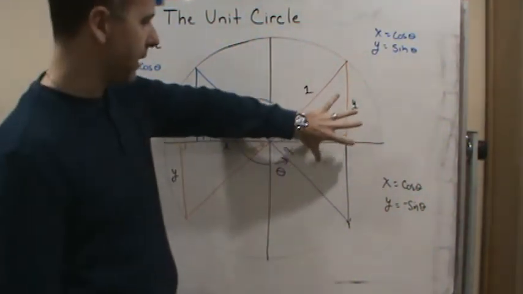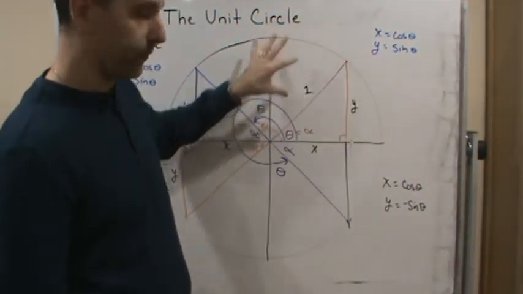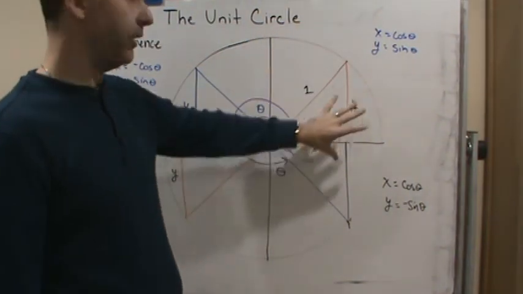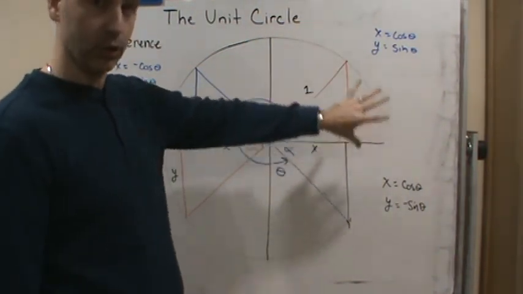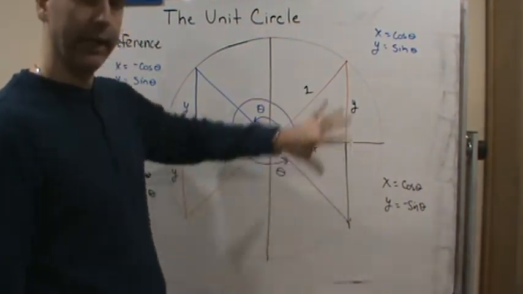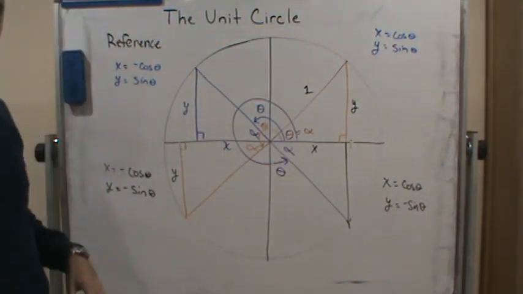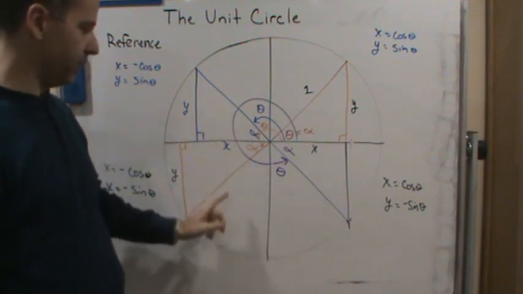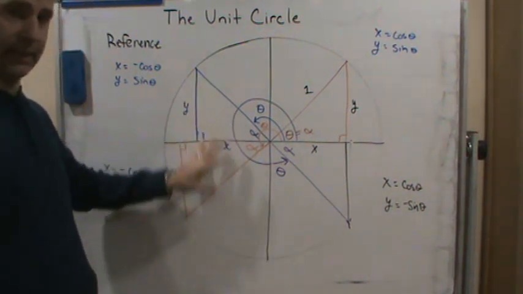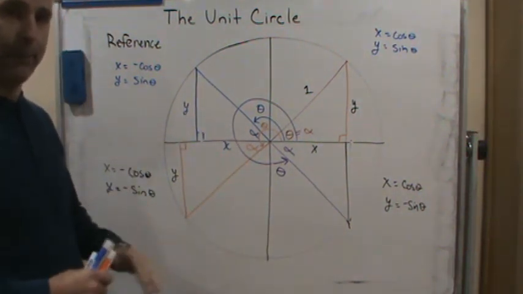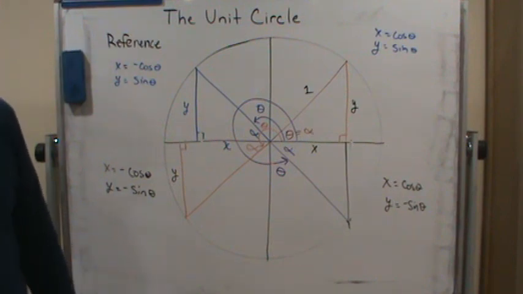That's why we spent our time in the first quadrant: if I know the cosine and sine of those angles there, I can easily translate that into the second, third, and fourth quadrants by just realizing which ones are opposite and which ones are the same.